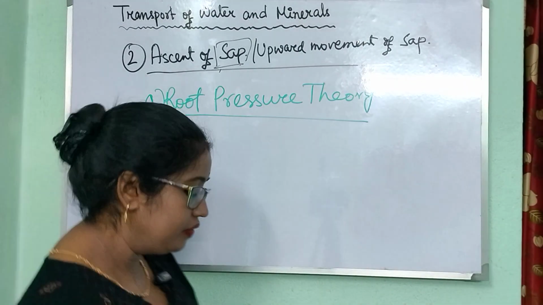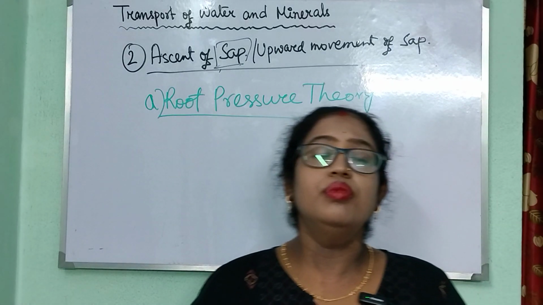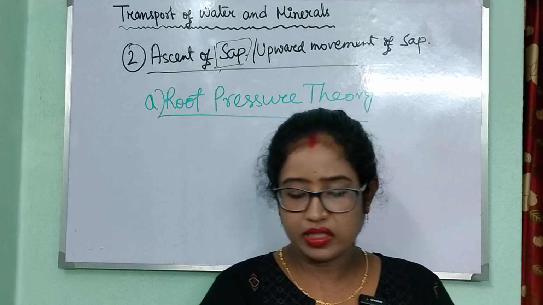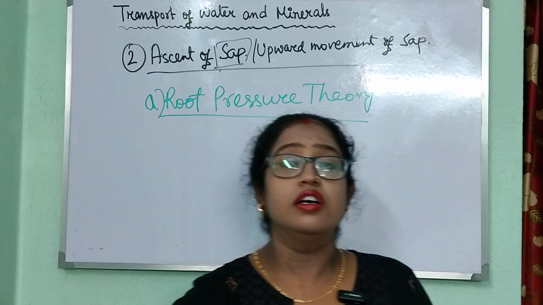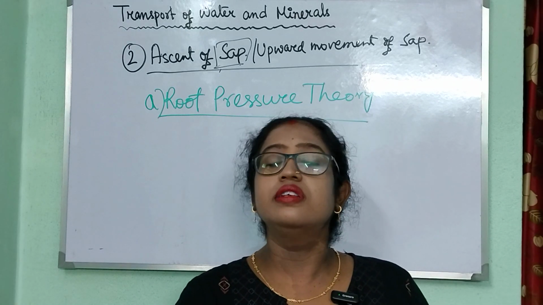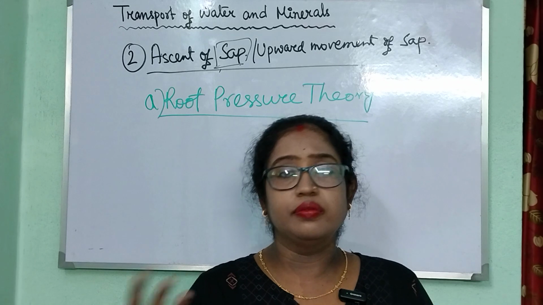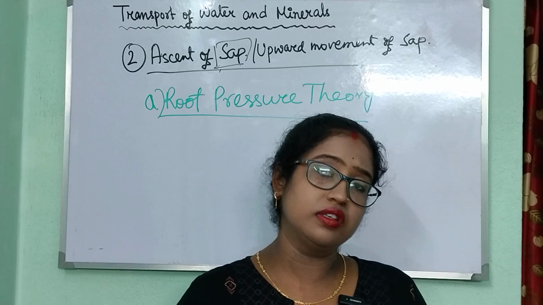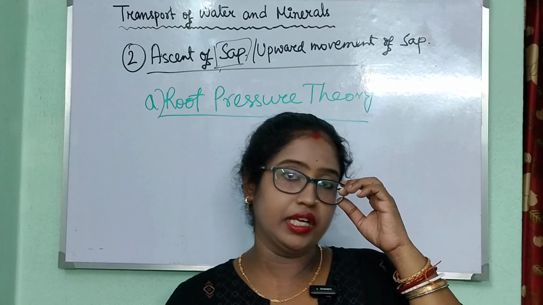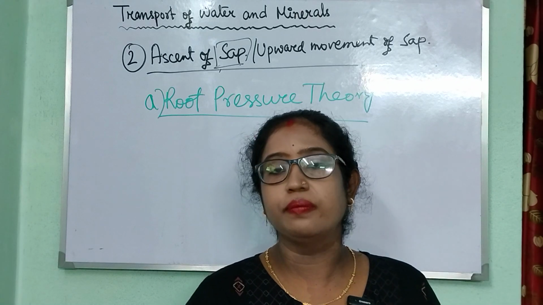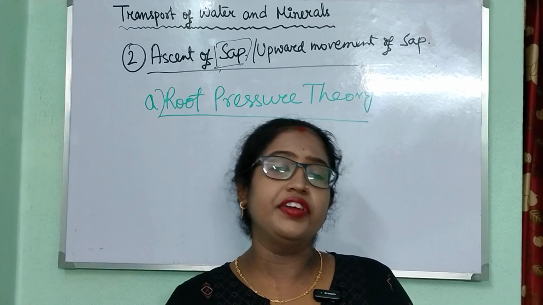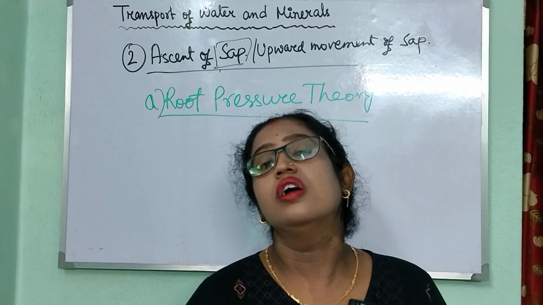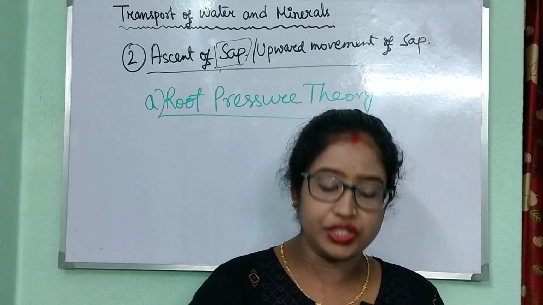According to this theory, water and minerals move from root hair to the upper parts of the body, means in the leaves and the stems, via the osmotic pressure gradient, and the water and the minerals move in upward direction by this root pressure. Means an osmotic pressure gradient created in root, that is known as root pressure, and due to this root pressure water moves in upward direction.